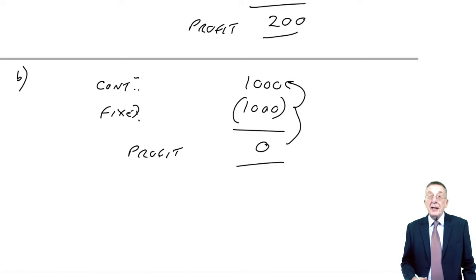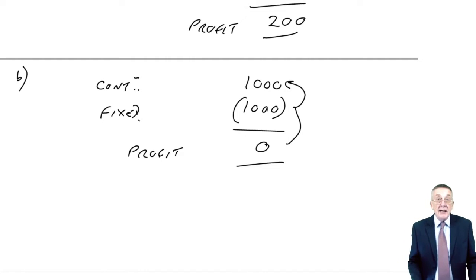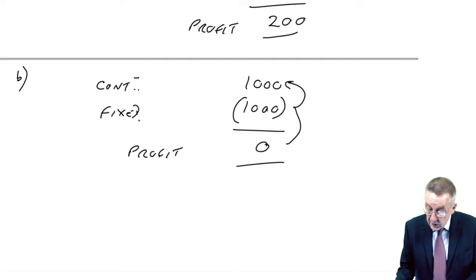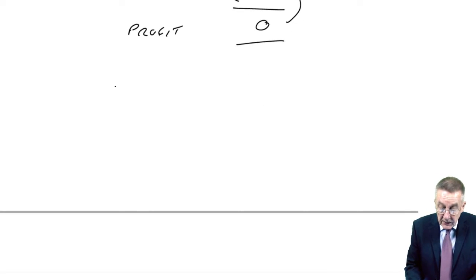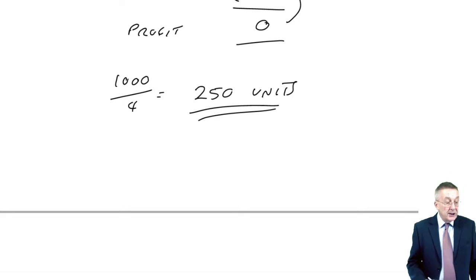The contribution has to be 1,000. How many units do I need to sell? Well, we know that each unit generates $4 contribution, so the number of units, 1,000 in total, $4 each, 250 units. There is break-even.